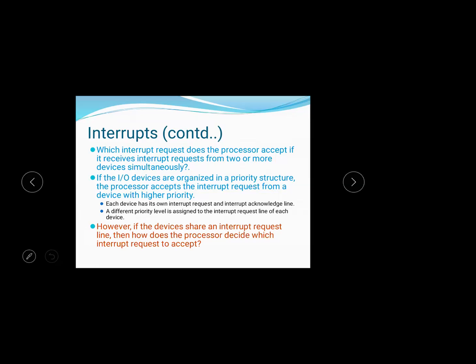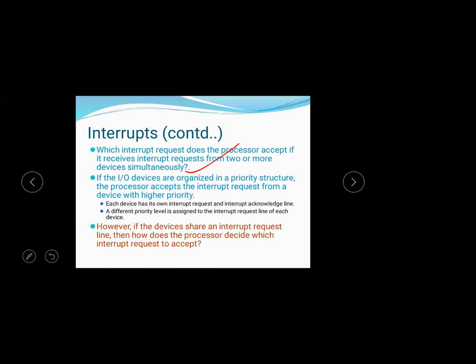Which interrupt request does the processor accept if it receives interrupt requests from two or more devices simultaneously?